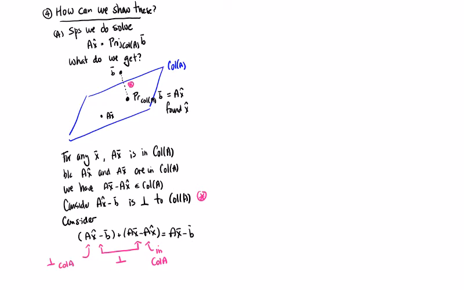So because of that, we can apply the Pythagorean theorem. The Pythagorean theorem will tell us the length of this vector squared plus the length of this vector squared equals the length of this vector squared.